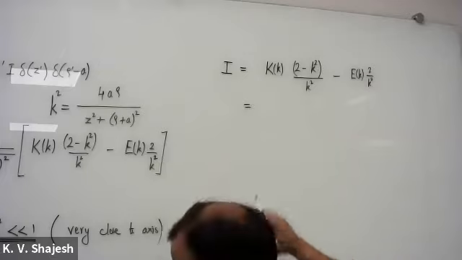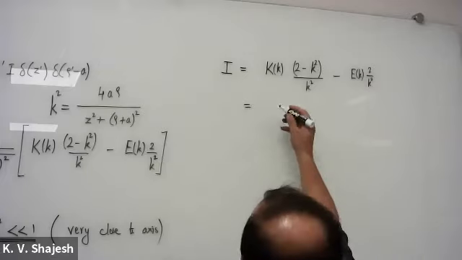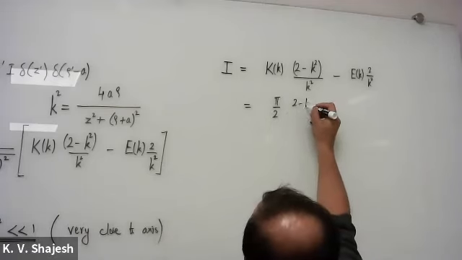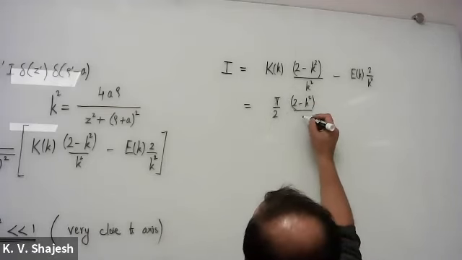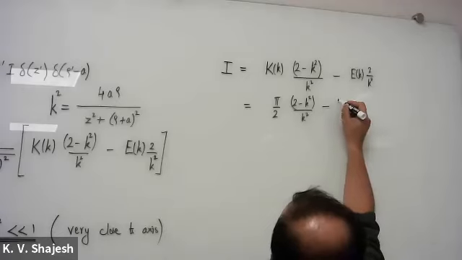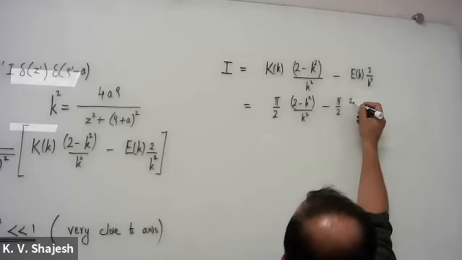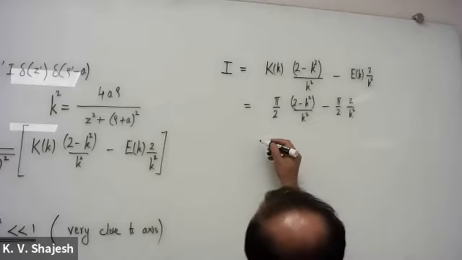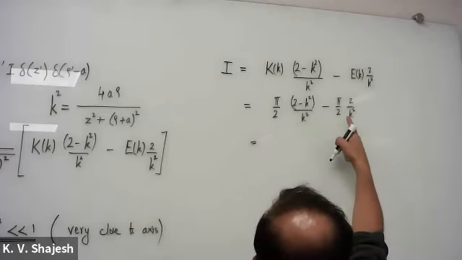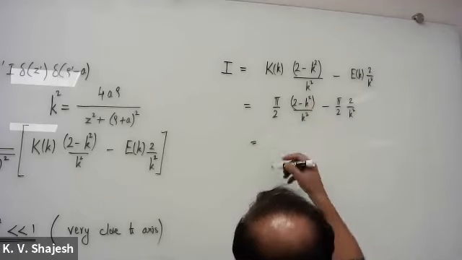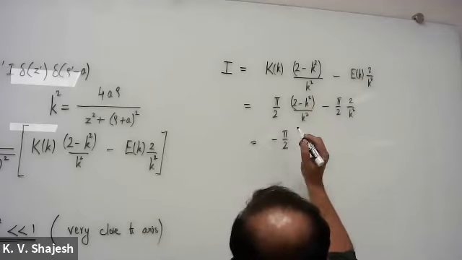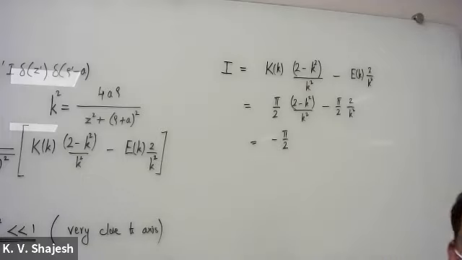I was in a hurry, not being careful. So I said, oh, this is pi by 2, this is K2 minus K square over K square, minus pi by 2 times 2 over K square, right? And you say that, oh, these two cancel out. And whatever is left is minus pi by 2, right? It seems all okay. What can be wrong there, right?